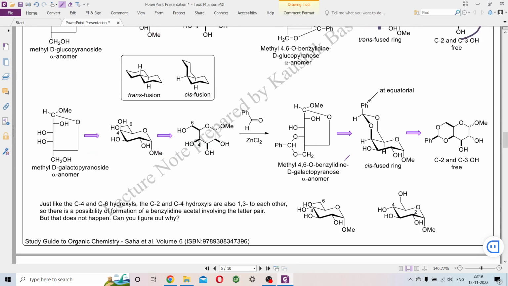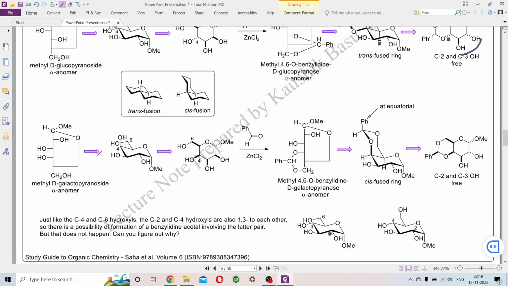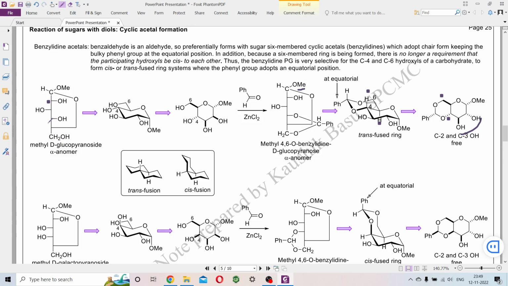What about the C4 and the C2OH? Because you can see that the C2OH and the C4OH, there is a possibility that you can form a benzylidene derivative here. I keep repeating dibenzylidene. There is no dibenzylidene. This is only the diacetonide. So you can form a benzylidene here.